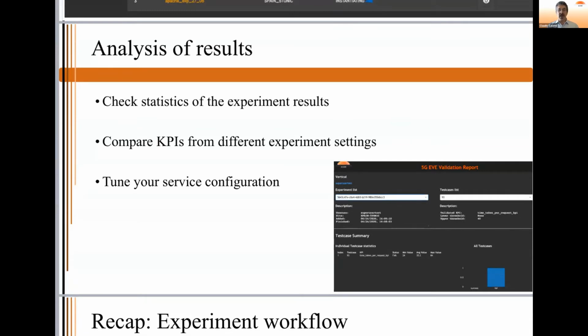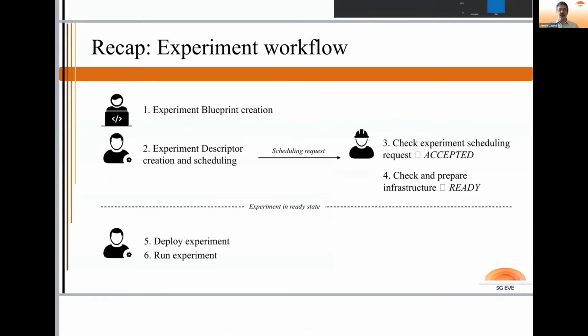You could compare the KPIs of the experiment currently running with KPIs from a similar experiment but with different settings, and you can fine-tune your service configuration. So to summarize, this is in a very quick overview how you would streamline your experiment workflow.